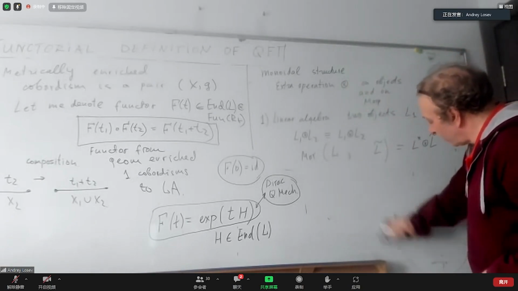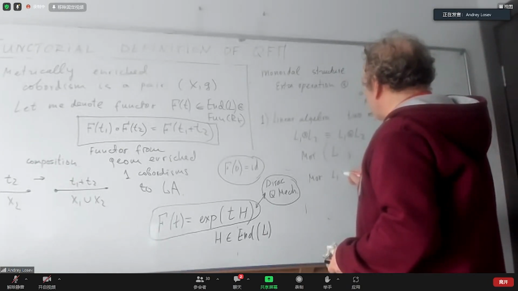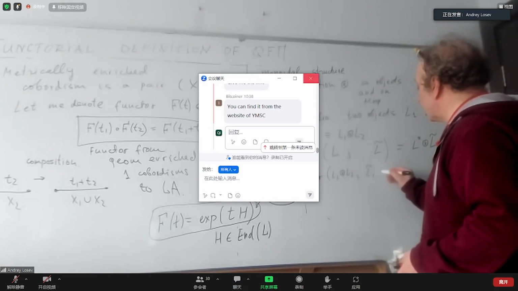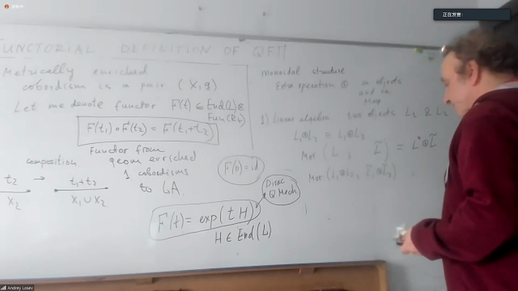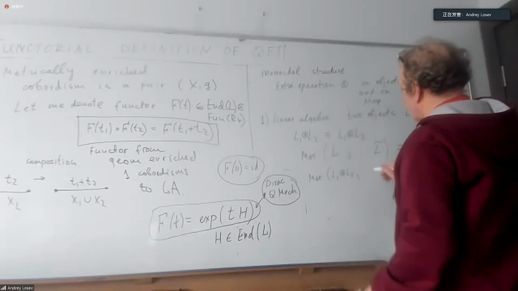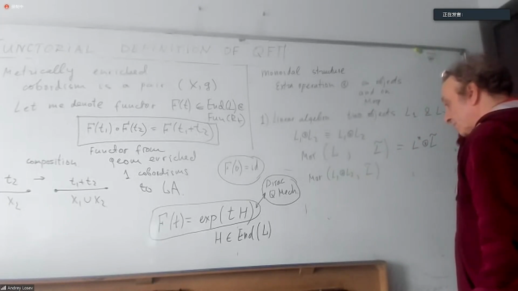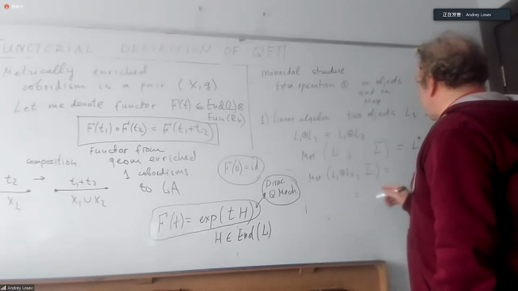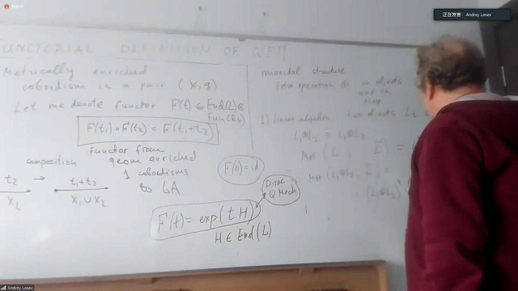Now, what can we say about the space of morphisms between L1 tensor L2 and L1 tilde tensor L2 tilde? It's enough to study this. It's very easy. These are elements of (L1 tensor L2) star tensor L tilde.